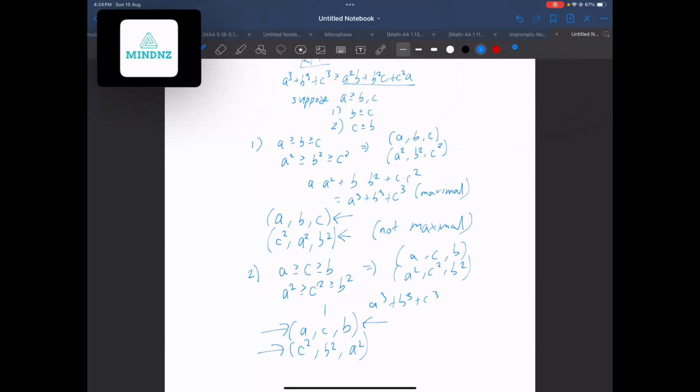Then you'll be multiplying the middle one by the smallest one, b squared. And then you'll be multiplying b, the smallest one, by the largest one, a squared. So clearly these are not ordered the same way, right? Because of that, you know that it is not going to be maximal and the inequality will hold.